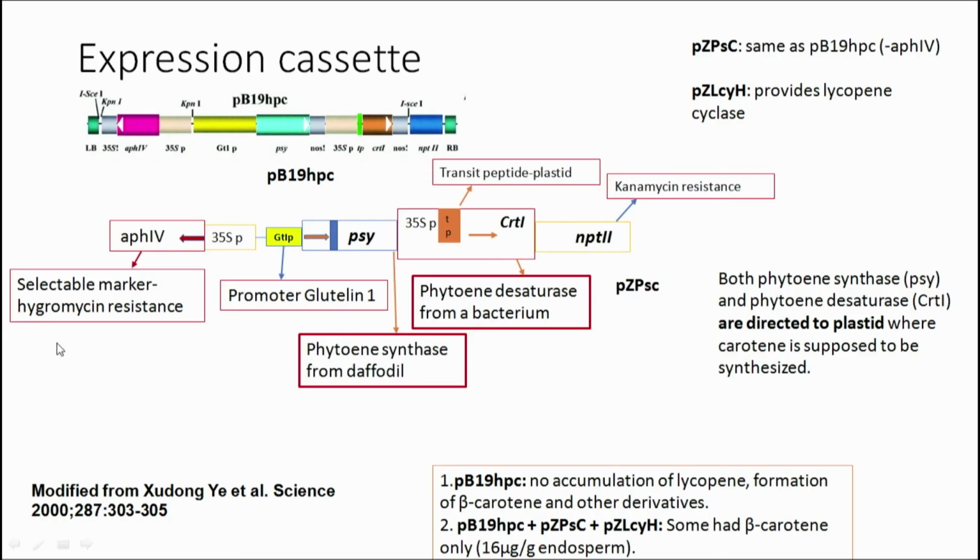In the same way, when the Agrobacterium is going to infect the plant cell, how do you select for those plant cells which have already got this plasmid inside them? There has to be a selection marker. And that is what this hygromycin resistance tells you: those particular seeds of the plants which have resistance to hygromycin will have acquired this particular plasmid. So, it is used as a selection marker.